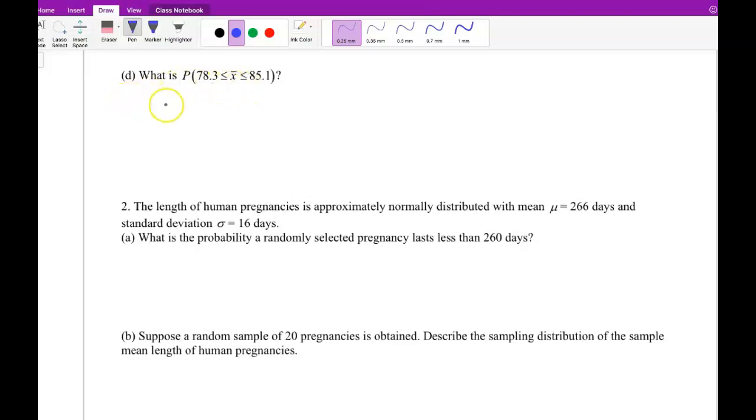Okay, so again, instead of x bar, we need to find Z. So probability of, exactly same as parts B and C. Now Z is between negative 0.85 and here we have 2.55.